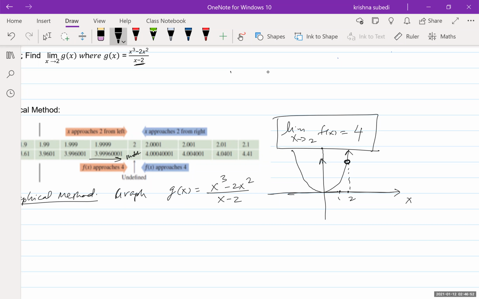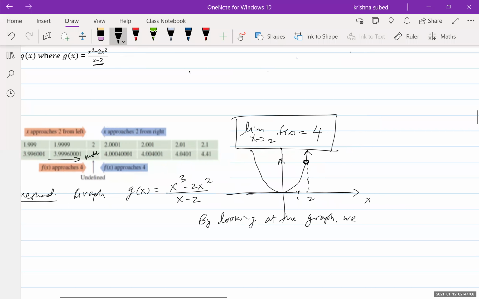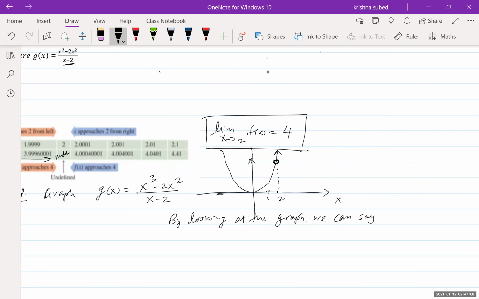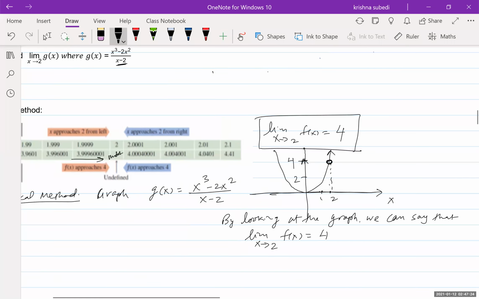So if there is a hole, then by looking at the graph, we can say that limit x tends to 2, f of x is 4, because left hand height or right hand height approximately is 4.